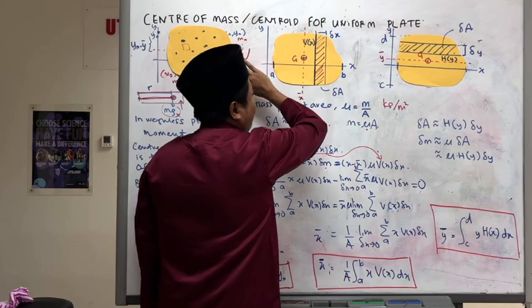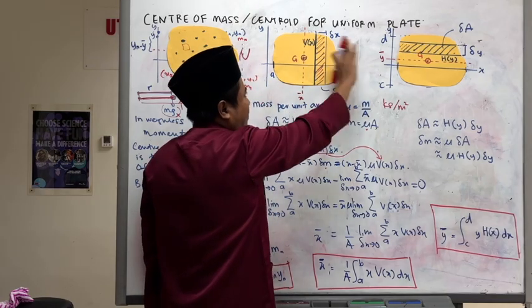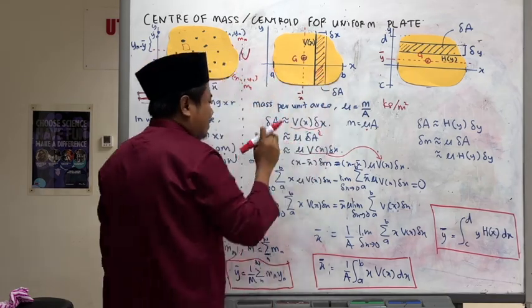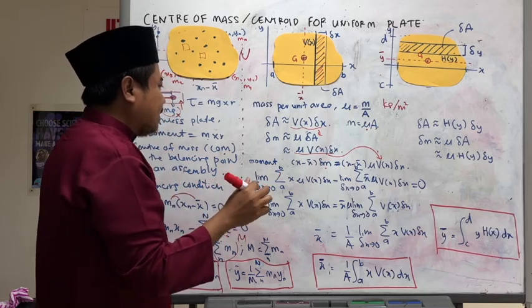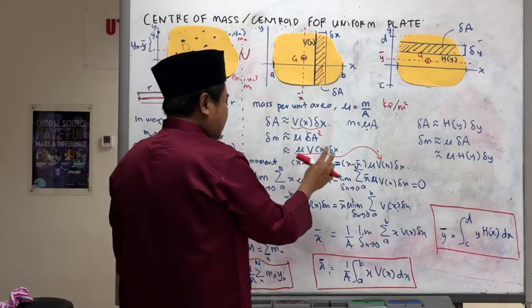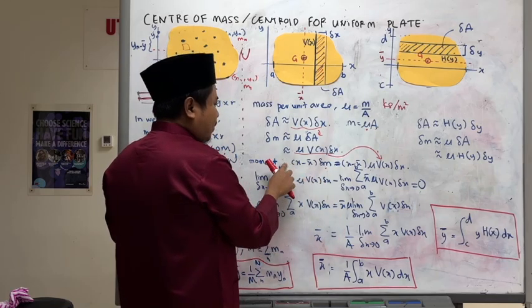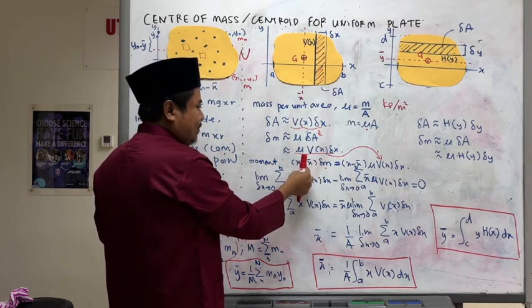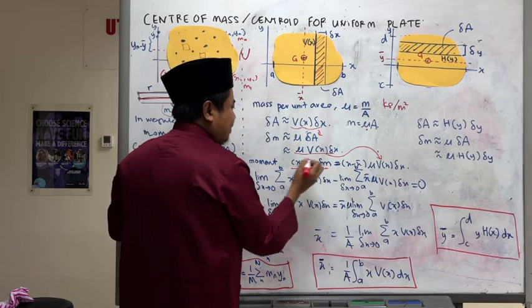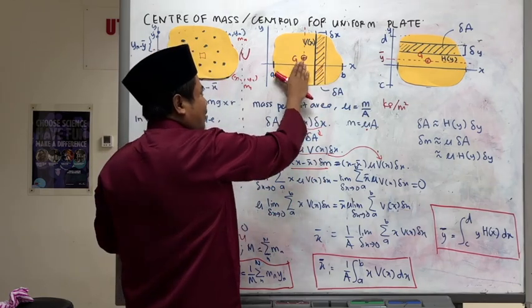We want to sweep from A to B. So this is for one strip, but we want to have all the strips.